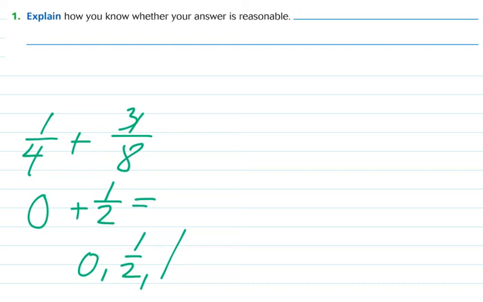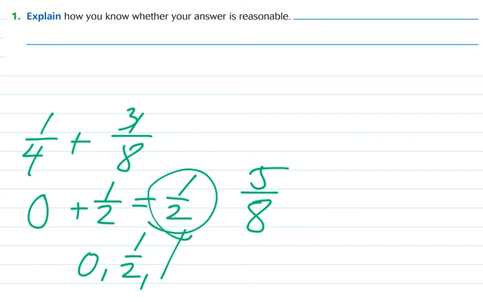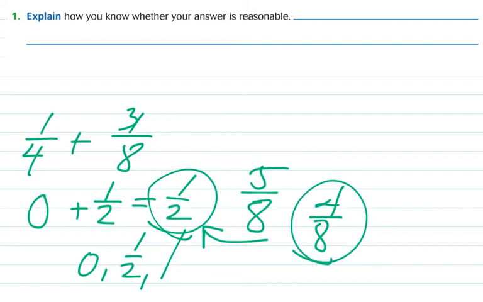So if you add that estimate together, 0 plus a half, we get the final answer of a half. So what we can do is check to see, is our answer of 5/8 close to a half? Yes, we know that's true because 5/8 is really close to 4/8, which is an equivalent fraction of 1/2.